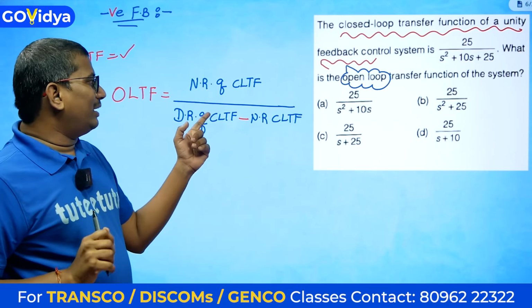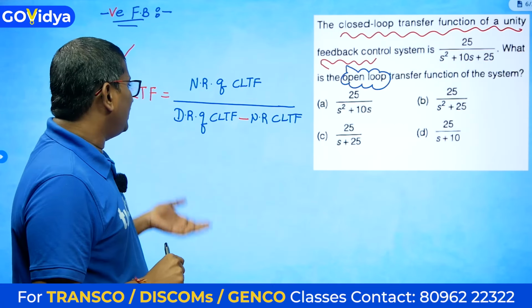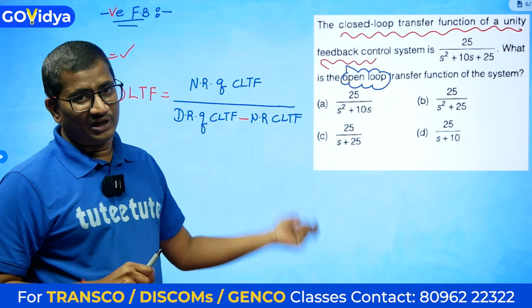Got it? Numerator of CLTF divided by denominator of CLTF minus numerator of CLTF.